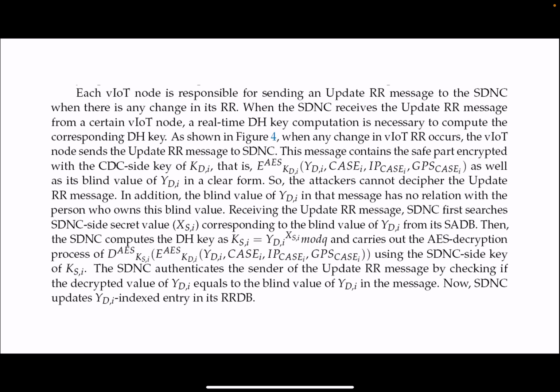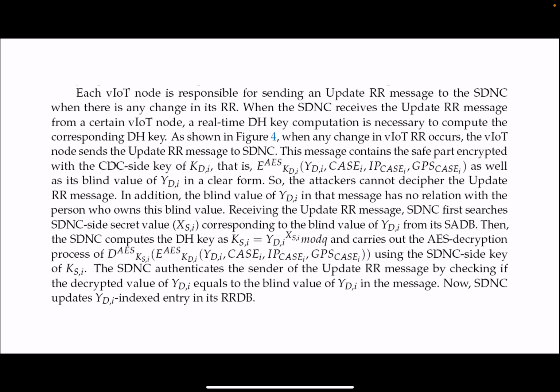Each virtual node is responsible for sending an update RR message to SDNC when there is any change in its RR. When the SDNC receives an update RR message from a certain virtual node, a real-time Diffie-Hellman key computation is necessary to compute the corresponding DH key.